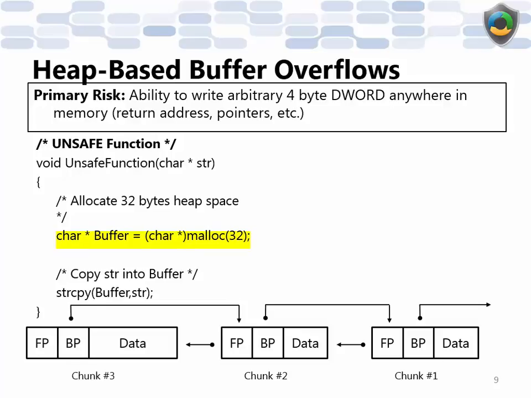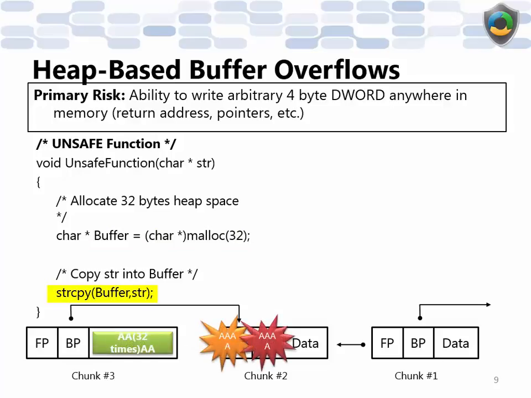The first instruction that gets executed is the call to malloc. This will allocate a heap chunk onto the heap with 32 bytes of usable data space. This corresponds to chunk 3. Now let's see what happens when the string copy is executed. The first 32 A's are written to the data section in chunk 3, as we'd expect.